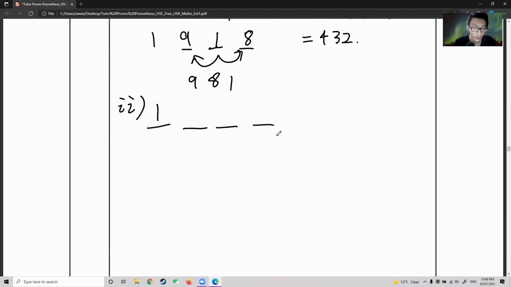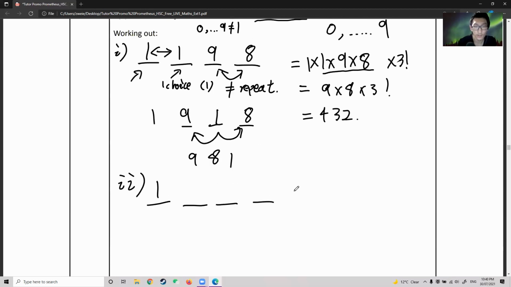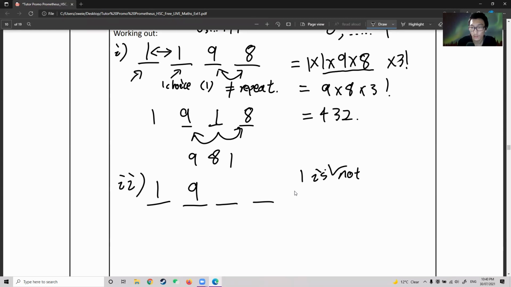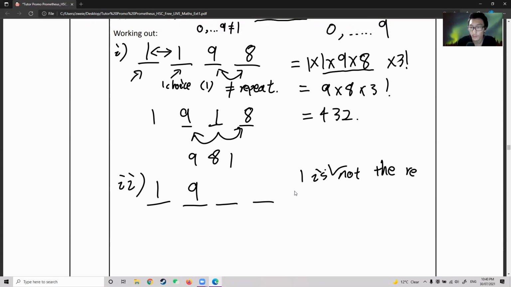Let's consider that 1 is not the repeating digit.